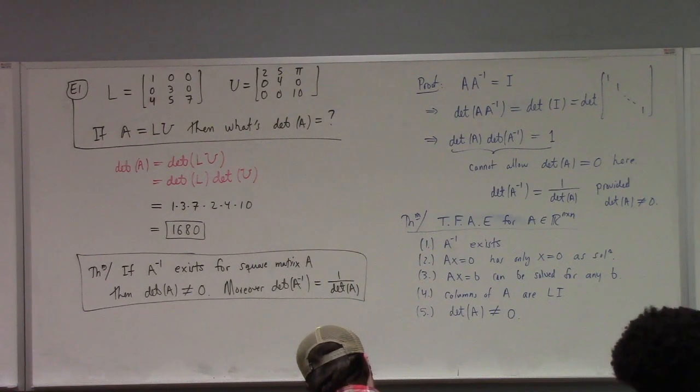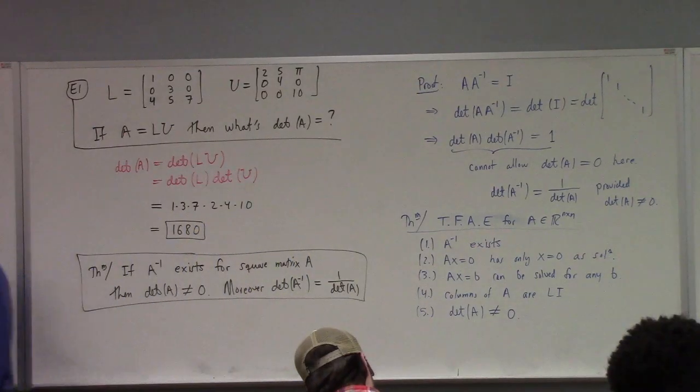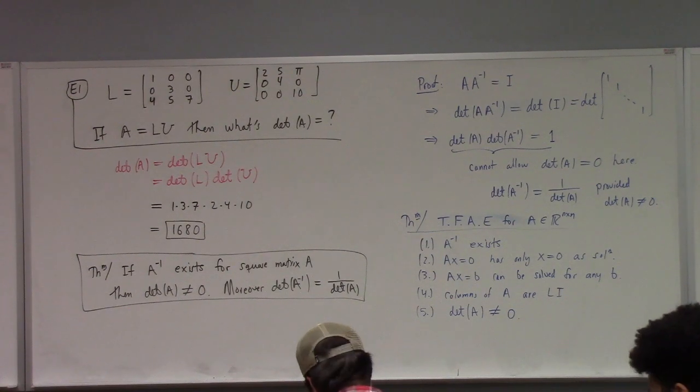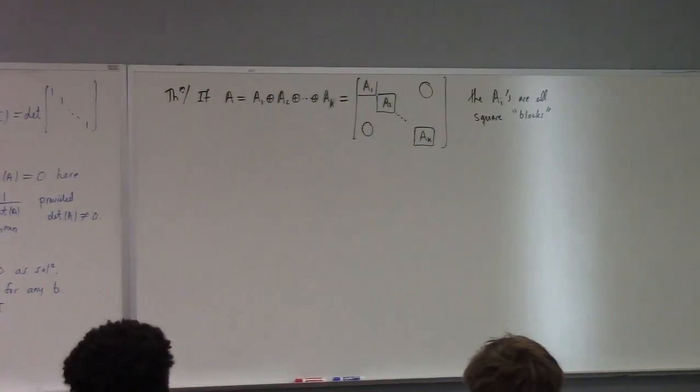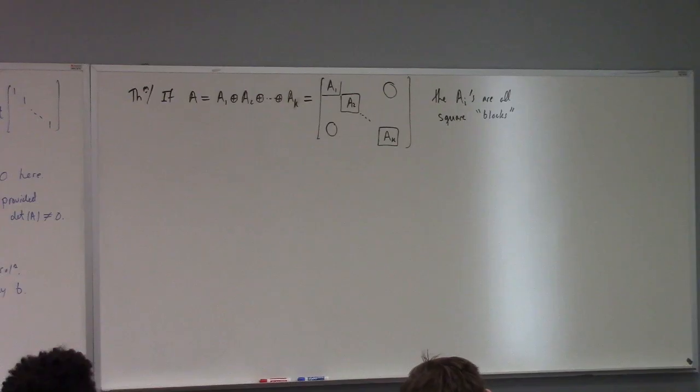Yet another theorem of the determinant says that the determinant of a block diagonal matrix can be calculated rather elegantly. It's simply the product of the determinants of the blocks.